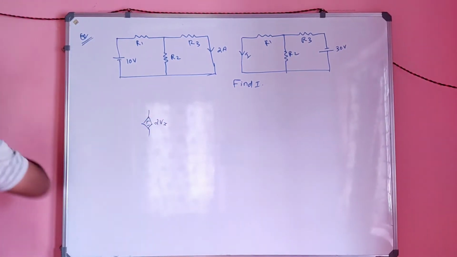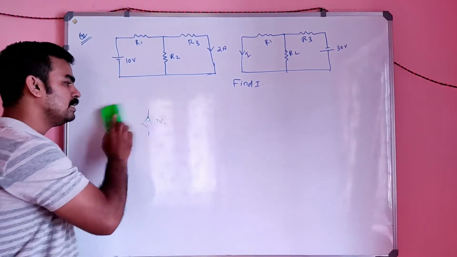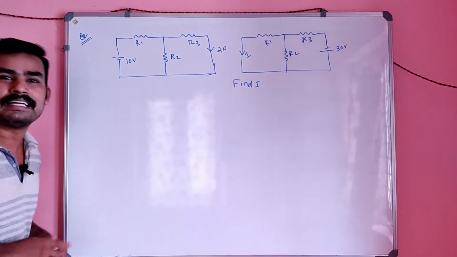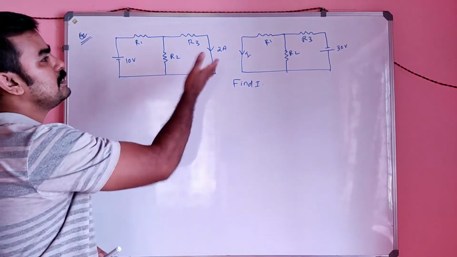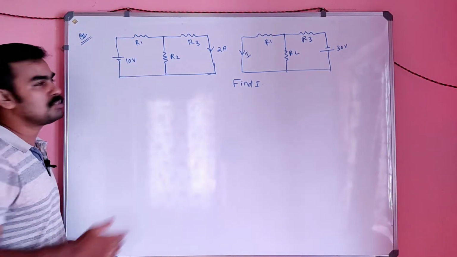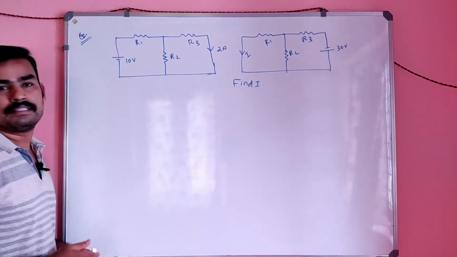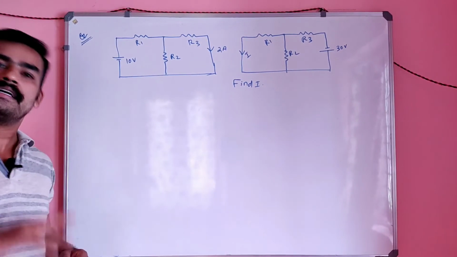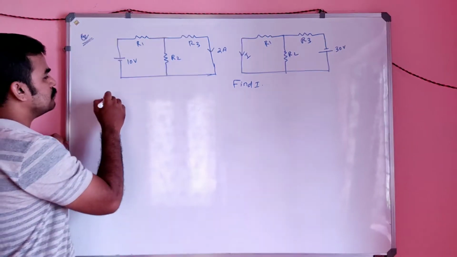That means the value depends upon some other parameter in the circuit. That is a dependent source. So the reciprocity theorem is not valid for what? Dependent sources. But this is nothing but an independent source, no? 10 volt and 30 volt are all independent sources. So you can simply go for what? The reciprocity theorem. So apply the reciprocity theorem.